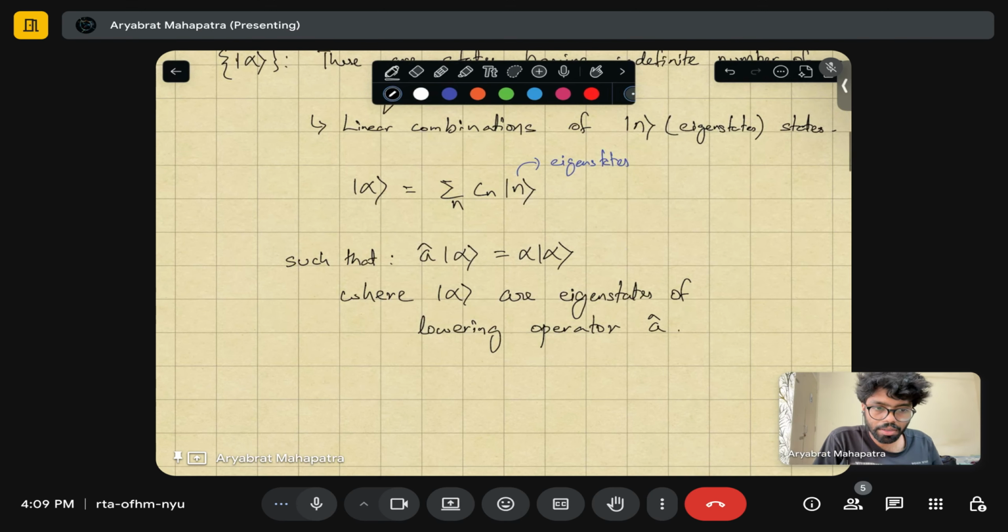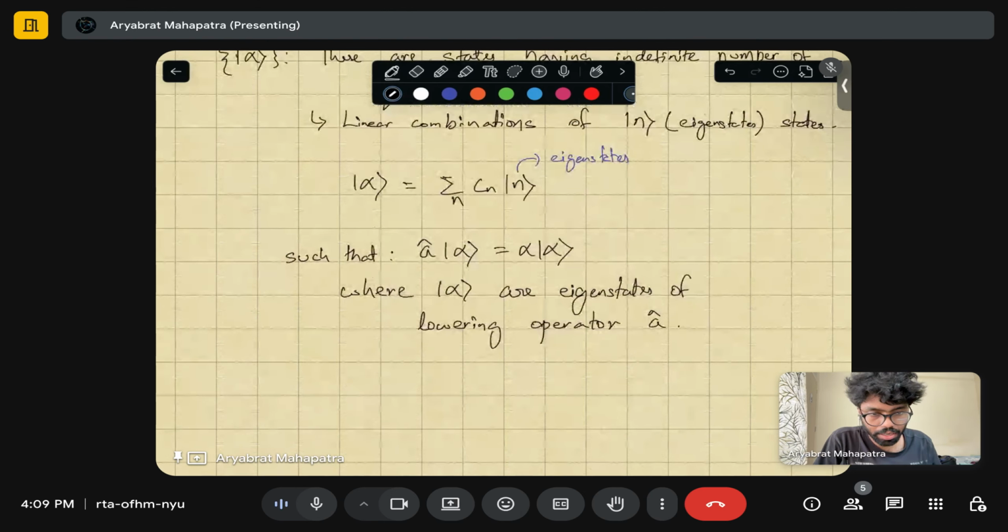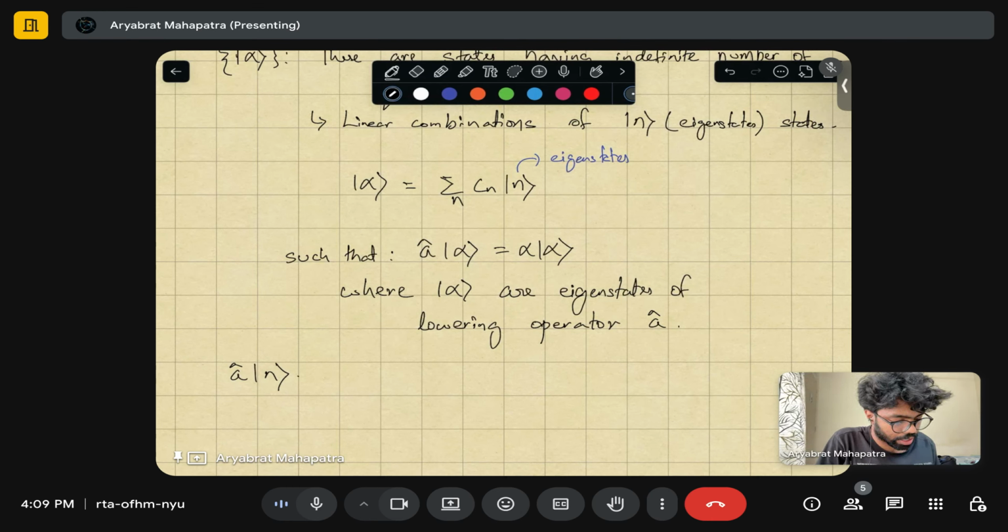I think you are familiar with the raising and lowering operators, which are discussed very well in the context of the harmonic oscillator system. If you apply the lowering operator on the nth eigenstate of a harmonic oscillator, you get some constant, let's say b_n, times the state n minus 1.